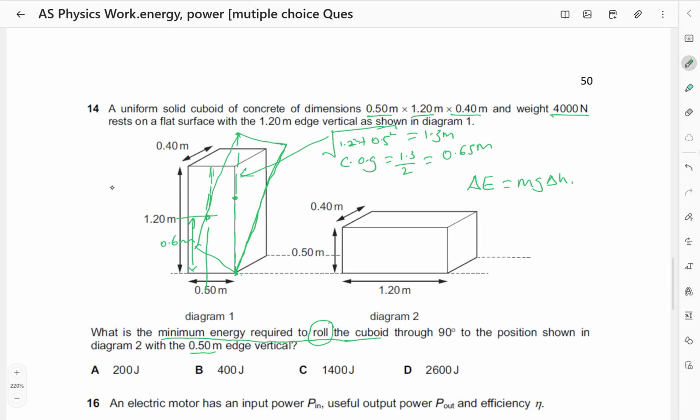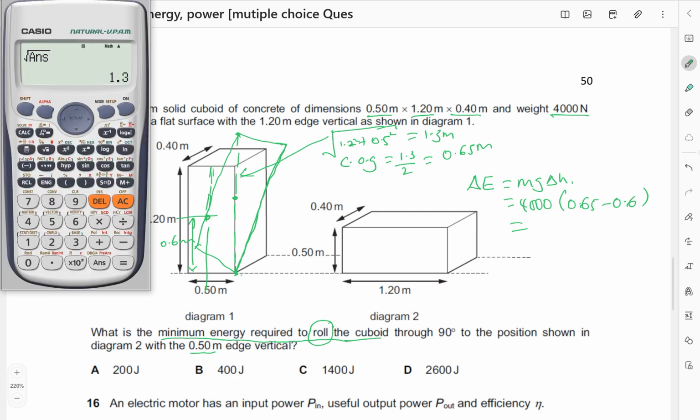So this is equal to mg, which is 4,000, and when it is being rolled, the highest it goes to is 0.65, and it changes from 0.6 meters. That is the position of the center of gravity. So this will be 0.65 minus 0.6 meters.